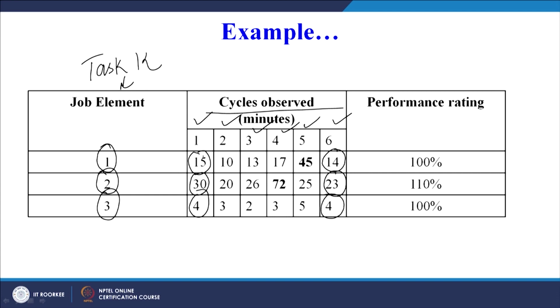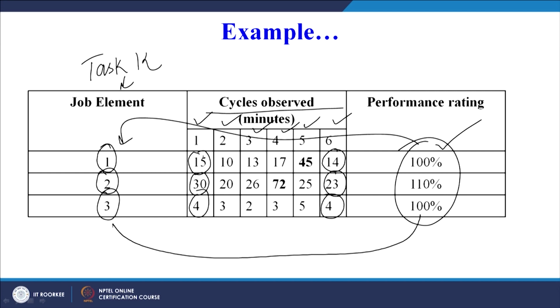So we can see here that for all the 6 cycles, for each and every element, the times have been recorded. The performance rating is also given: 100% for element 1, 100% for element 3 and 110% for element number 2.